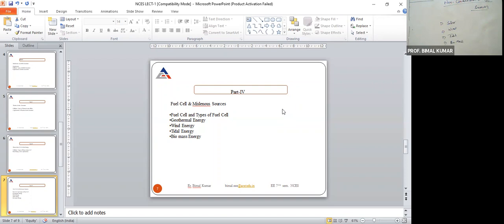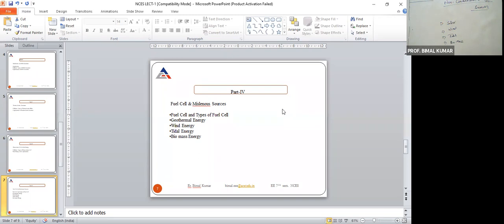So these may be utilized to induce some amount of electrical energy, and again this energy may be utilized in special cases, right? In addition to that, in fourth chapter we are having geothermal energy, wind energy, tidal energy plant, and biomass energy plant.